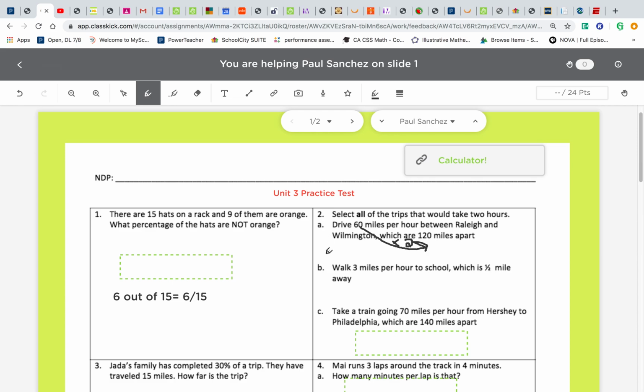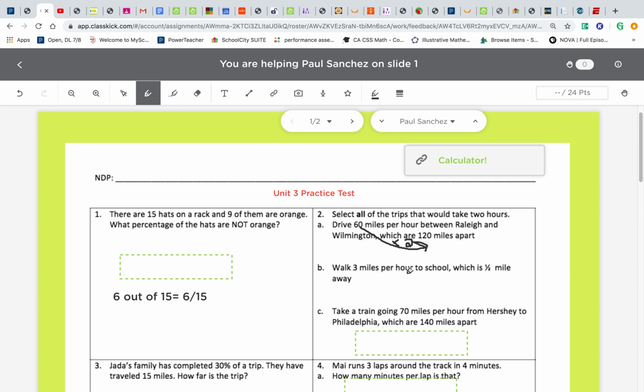Let's look at B. This is a walking one. You walk 3 miles per hour to school. So basically this says that per hour, you're going to go 3 miles. The school is half a mile away. So if you want to go from 3 miles per hour, you can maybe do a double number line or a tape diagram to figure out how long it would take you to walk half a mile.